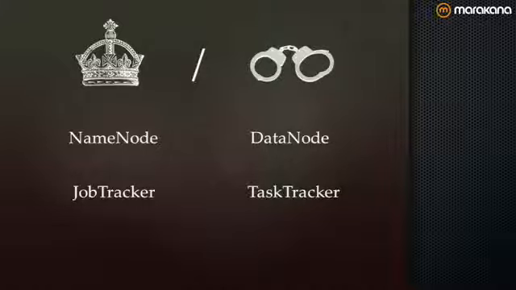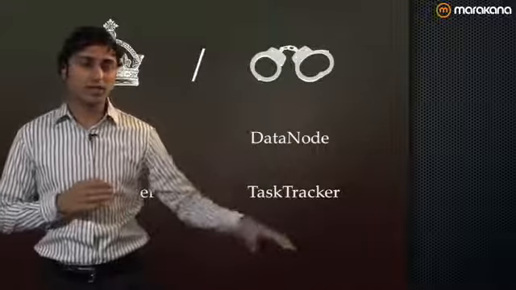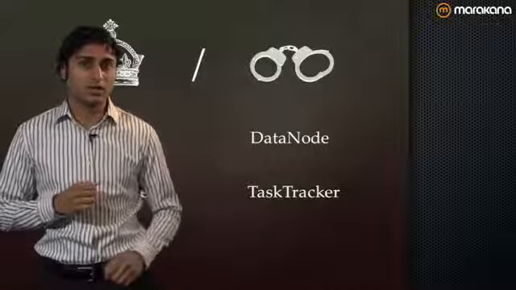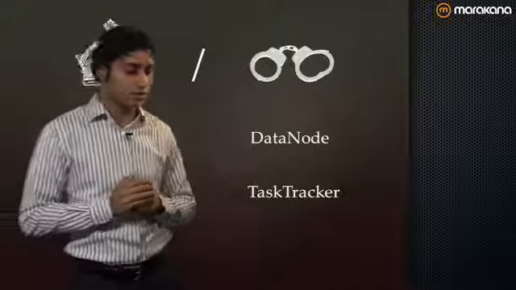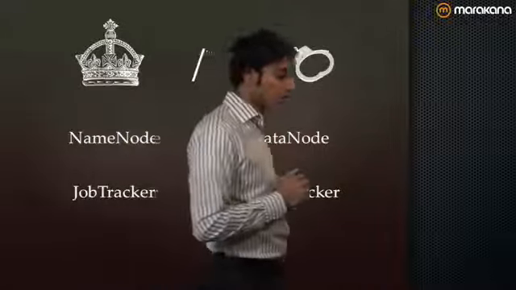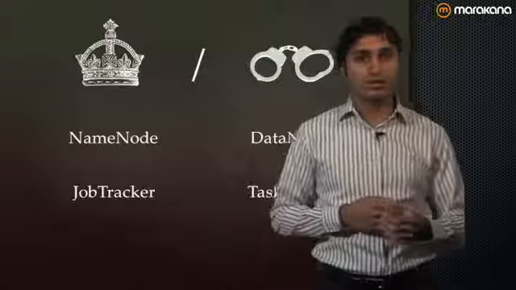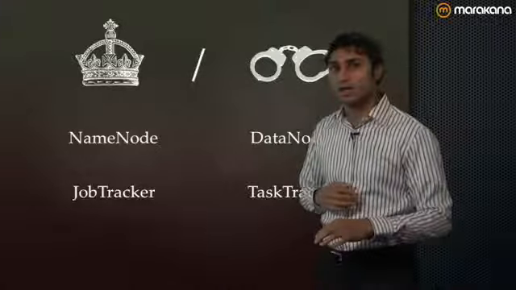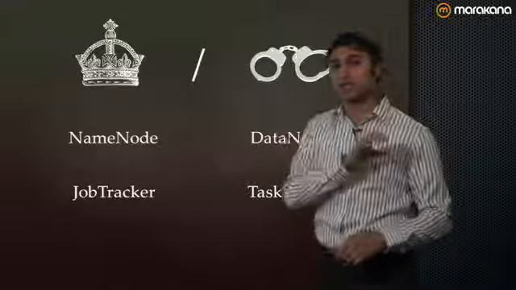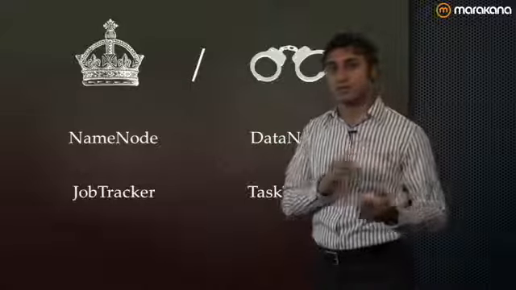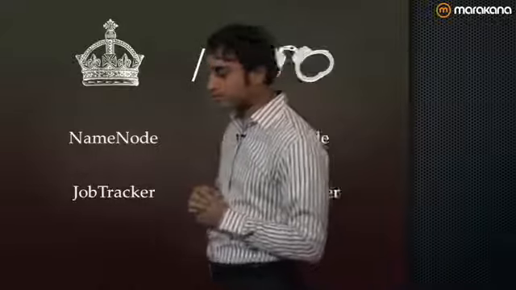So every slave machine will run a data node daemon. It will also run a task tracker daemon for MapReduce, but we're more focused on the data node daemon here. So if you have a 10-node cluster with 10 worker machines, you would have 10 data node daemons, and the 11th machine would be the name node, which is the master for the file system.